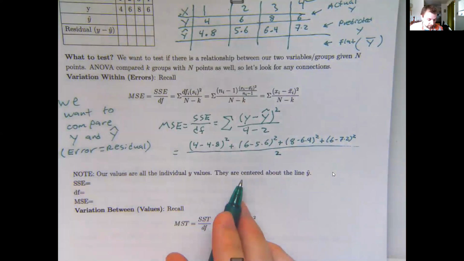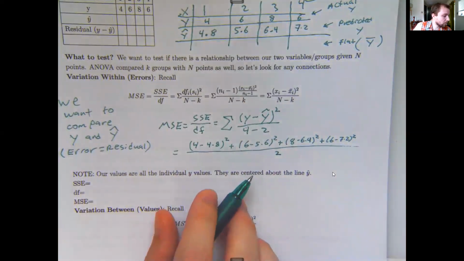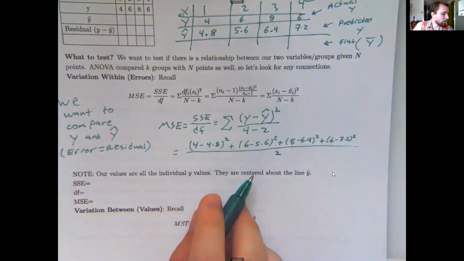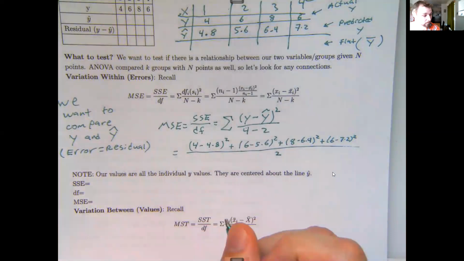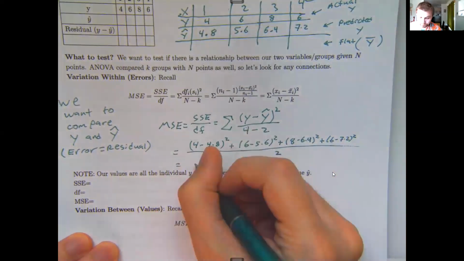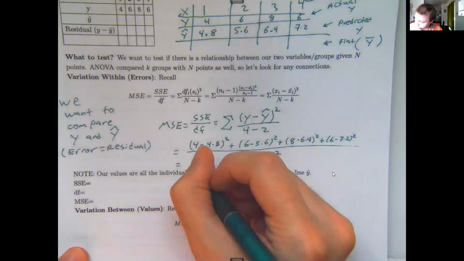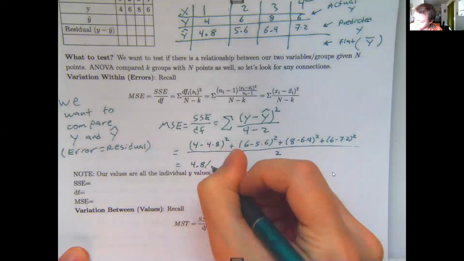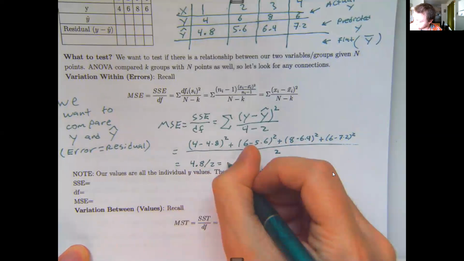If I type this into my calculator, and I'll do so now, great. Okay. This gives me, for the top of this fraction, 4.8. And for the bottom of the fraction, that gives me 2.